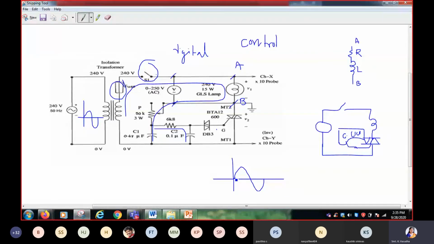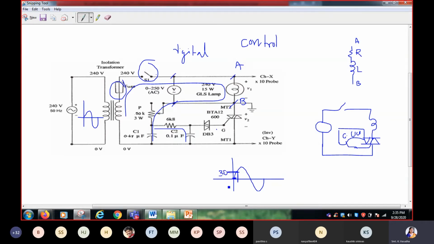As soon as 0.7 volts is crossed, the diode will come into conduction. Whereas a diac, you can manufacture according to your requirement: if you wish to turn it on after 30 volts, or after 15 volts, you can.